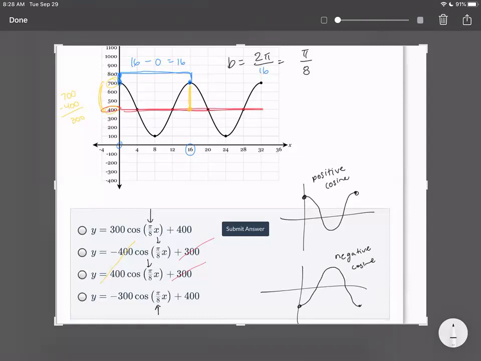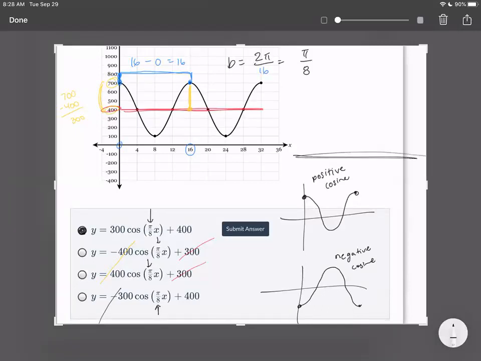So on our picture here, do we have a positive or do we have a negative? Positive. Yeah, positive. So not that one. This is the first one.